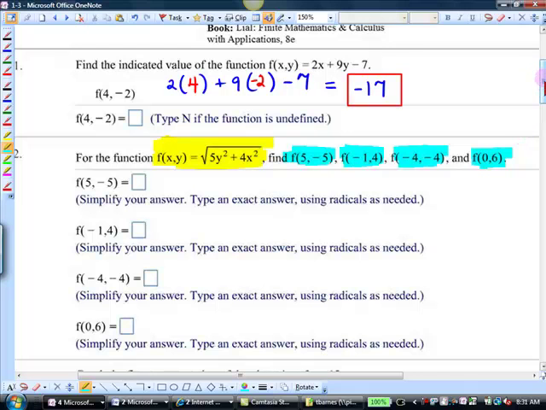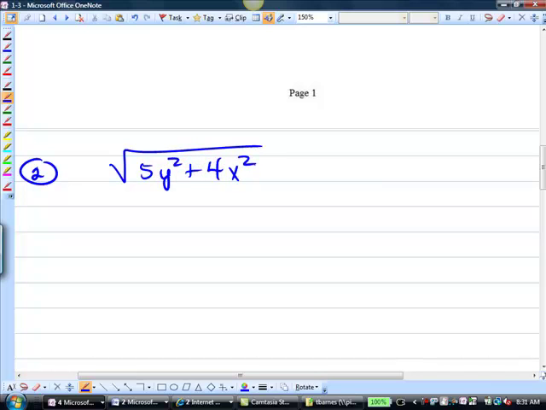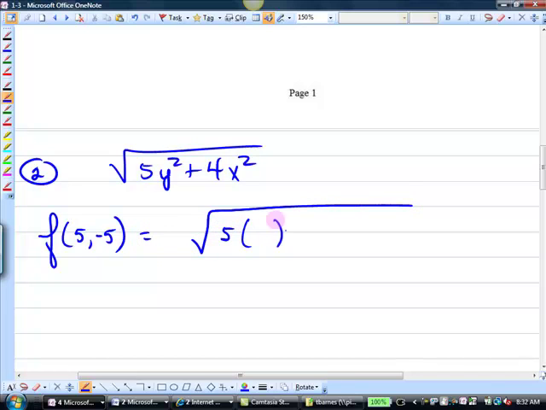Okay, so we had the square root of 5y squared plus 4x squared, and we're to find f of 5, negative 5. So we're going to plug in 5 here and negative 5 here.